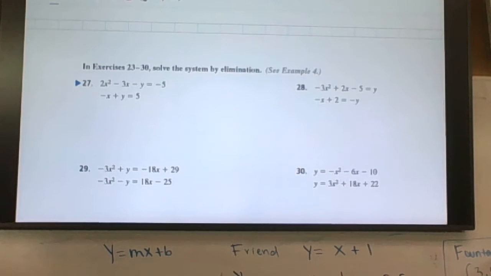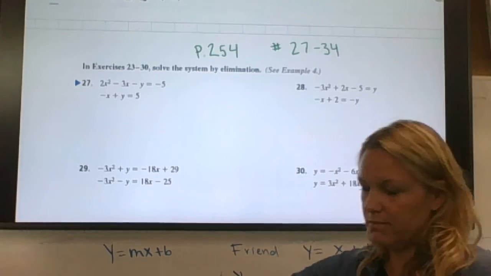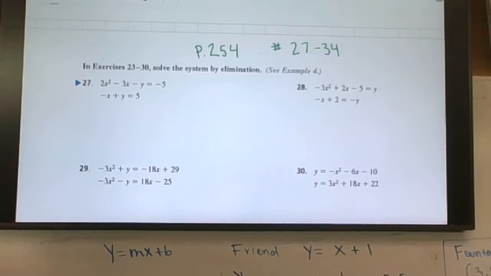I'm going to do number 27 with you. And then I'm going to do 33 and 34 because those will be the most difficult. And then I'll leave all the middle problems for you to try.